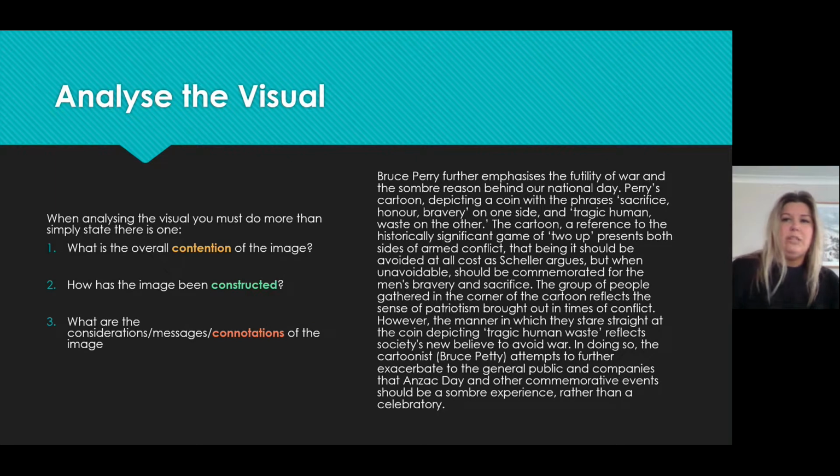One thing that many students have forgotten, and it is an important part of this assessment, is to analyse the visual. Now, I'm saying visual because you could end up with anything. It could be a photograph, it could be a cartoon, it could be a graph, and you'll need to call it out and label it what it is.